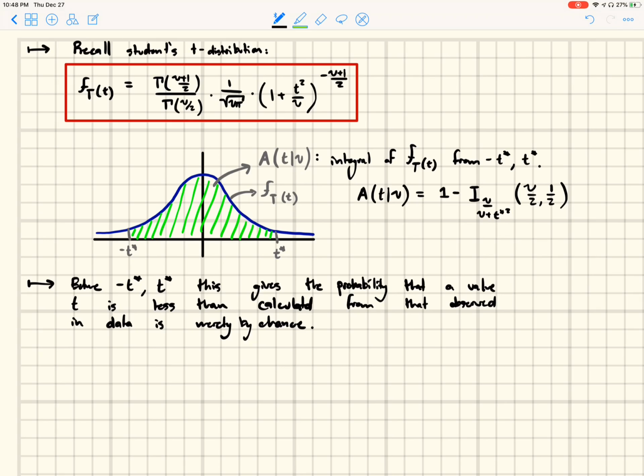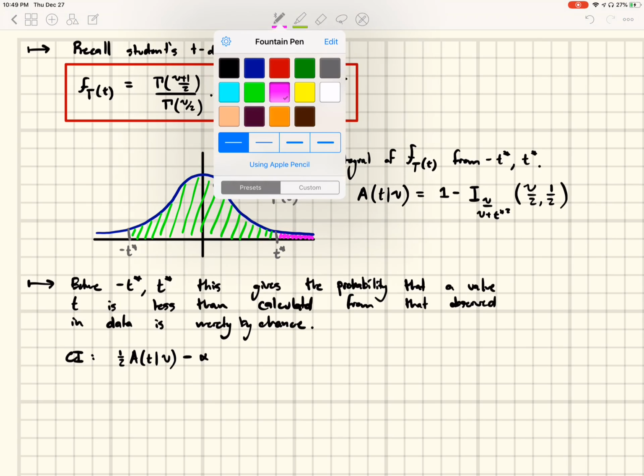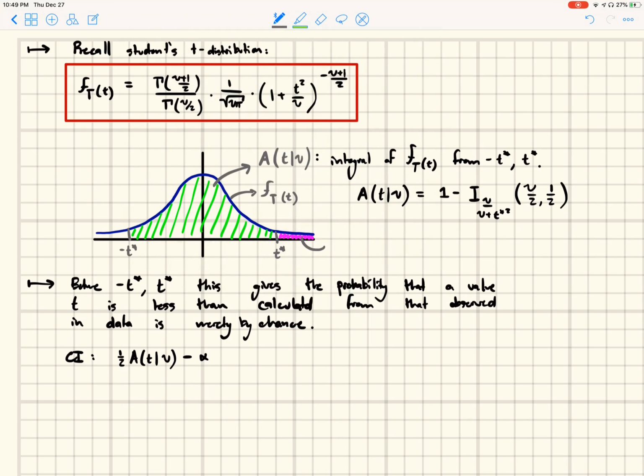So that's the interpretation. And we can also note that the confidence interval is 1/2 that area minus alpha, if we recall that this area here is equal to alpha. So those are some preliminaries.